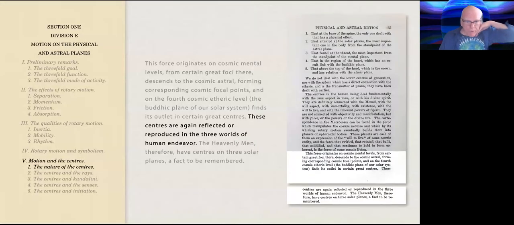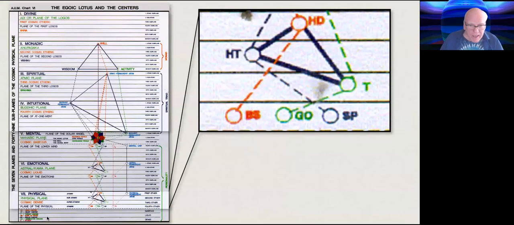Next, these centers are again reflected or reproduced in the three worlds of human endeavor. As above, so below. We see this downward reflection here, where the subplane location of the human etheric centers, shown down here, directly corresponds to the location of the logoic etheric centers, which are planetary.